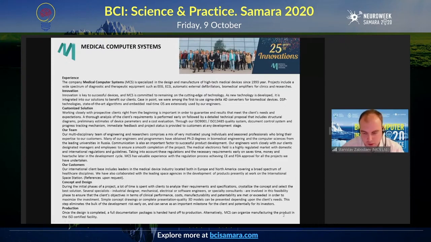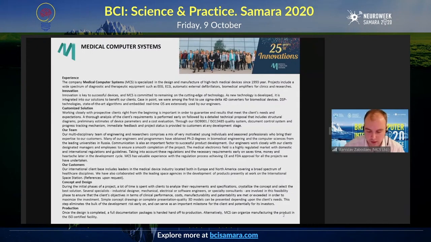Let me tell a little bit about the company that I work for. The company is called Medical Computer System. We are located in Leningrad. Leningrad has been known as the Silicon Valley of Russia, and it is really well known for the microelectronics industry. So in my company, we work on manufacturing different devices for research and medical use.